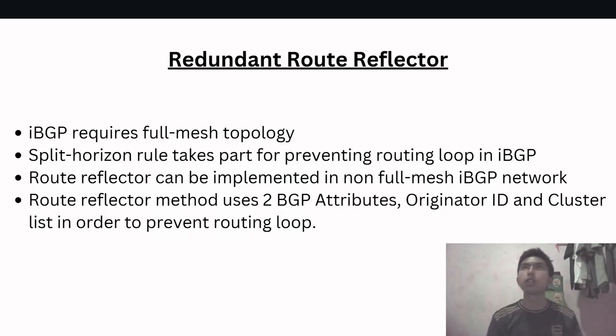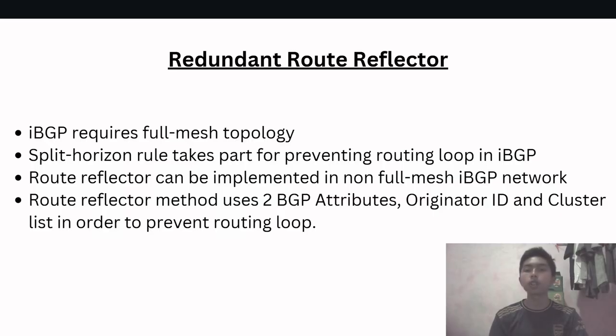Like I mentioned in the previous video, when we apply IBGP, we must implement full mesh topology to prevent routing loops, in order to make it function correctly. But what if we don't use full mesh topology?